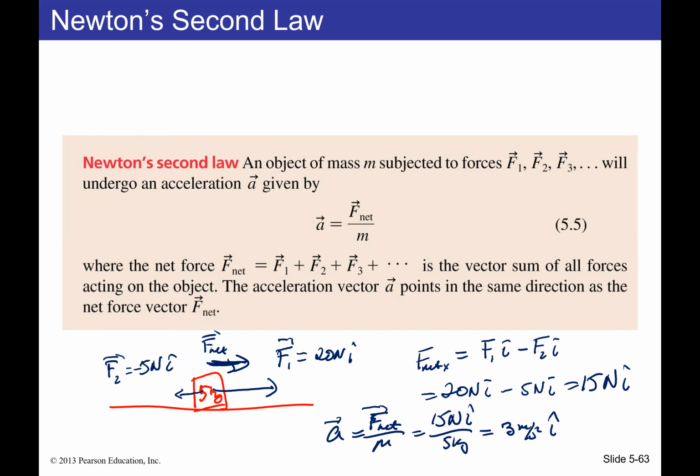Once you have acceleration, you can use it in kinematics. If this force is constant, meaning it doesn't change as a function of time or position, and your object started from rest, you can find the velocity after 1 second, 2 seconds, 3 seconds: 3 times 1, 3 times 2, 3 times 3, and so on. That shows how its velocity changes as a function of time.